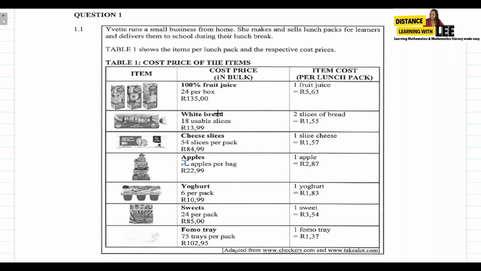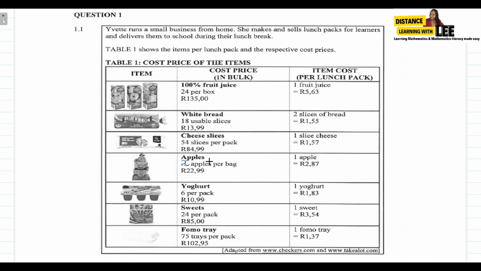Then she buys white bread, which is 18 slices of bread. This costs her 13.99 rand. She buys 54 slices of cheese, and she pays 84.99 rand.